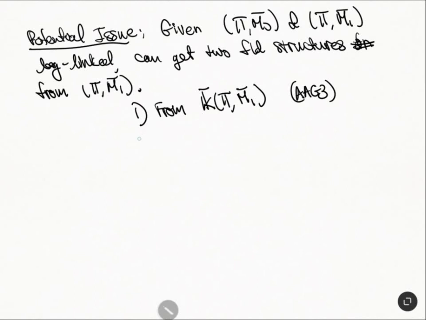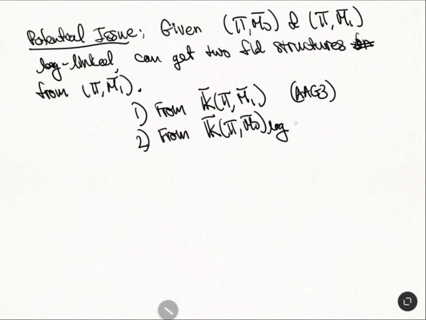So this is Corollary 1.10 or whatever. And then the other one is from k pi m0 bar log. Right, so the units of this are m1, right?